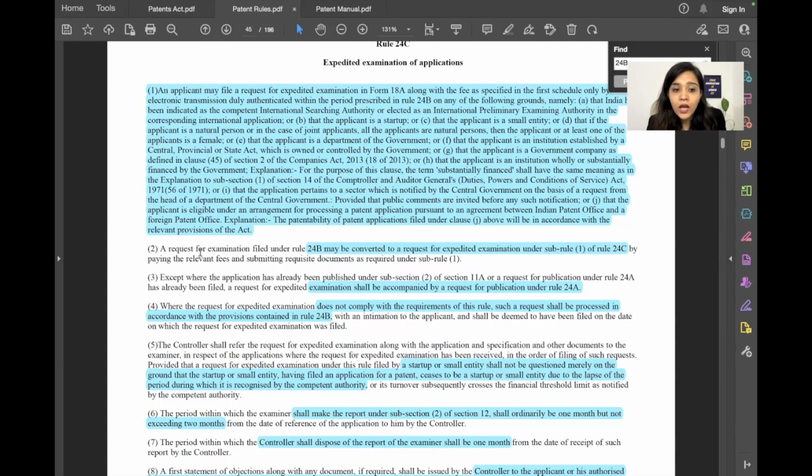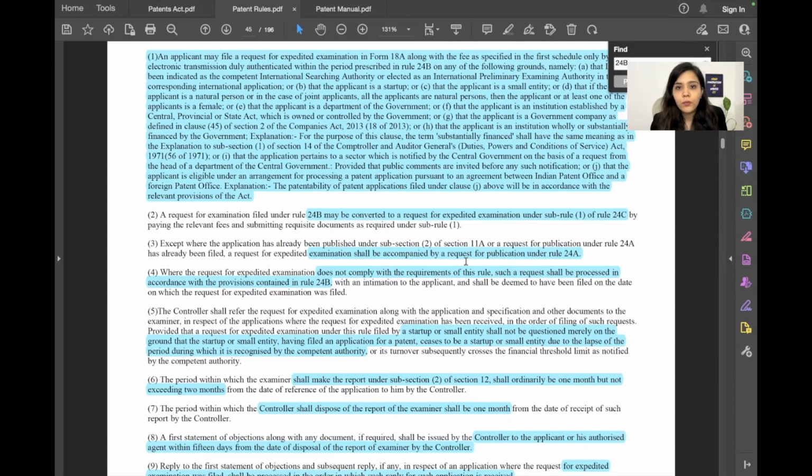So it is written, a request for examination filed under Rule 24B may be converted to expedited examination under Sub-Rule 1 of 24C by paying the relevant fee and submitting requisite documents under Sub-Rule 1. A request for publication is also important, otherwise your application will not get examined early.